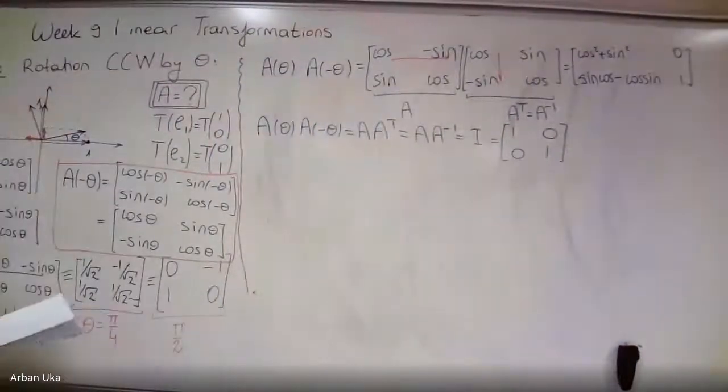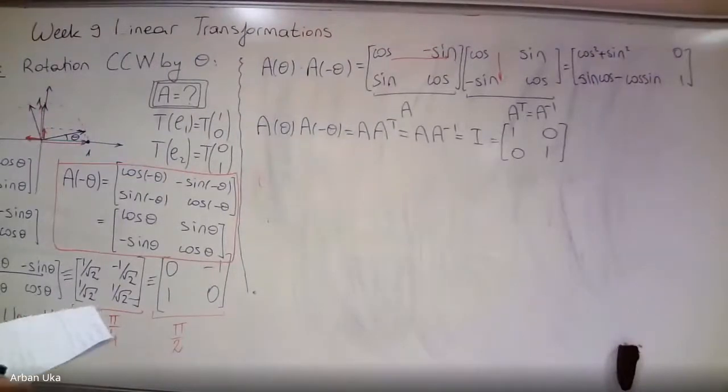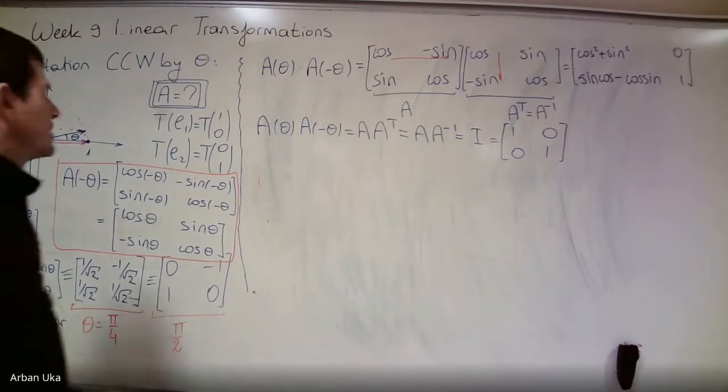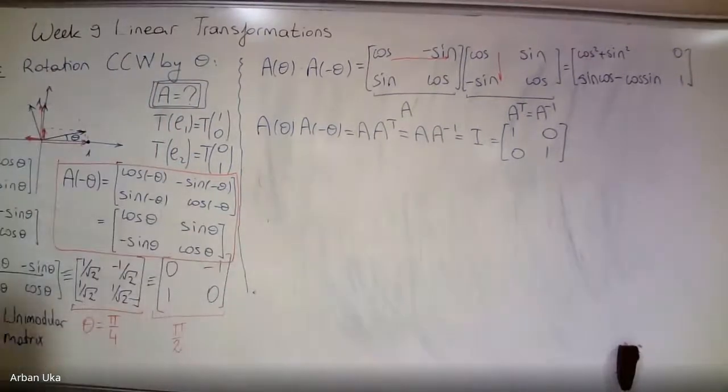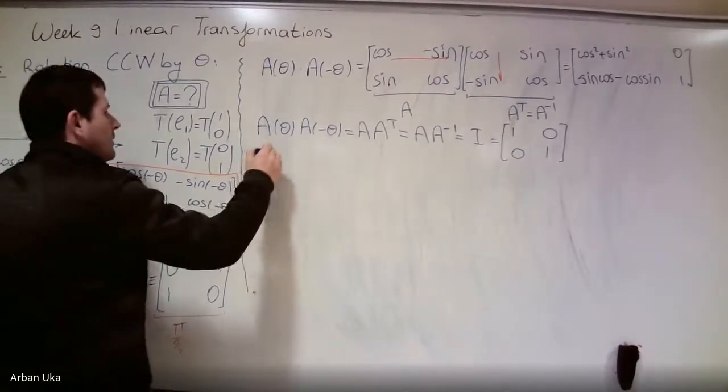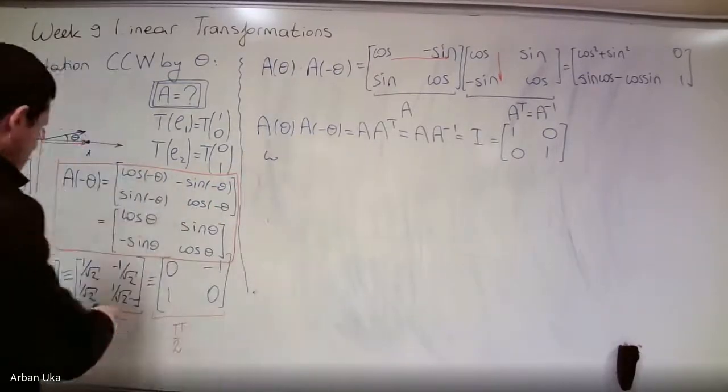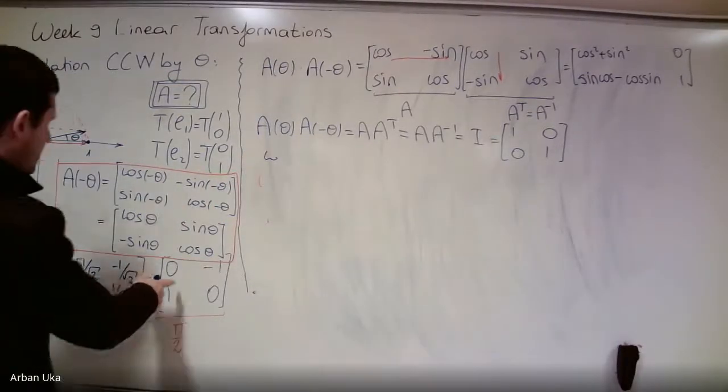Okay, so these were linear transformations which were dealing only with the rotation. Okay, so if we have any vector, we can pick, let's say, 3, 2, or let's pick this one.